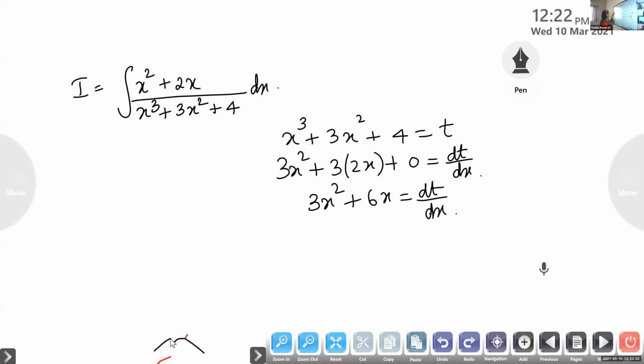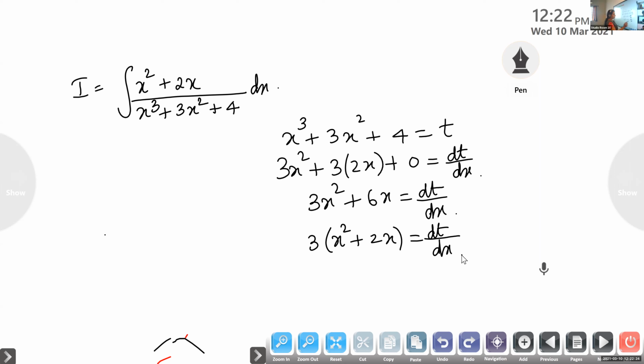Now look at the numerator. We have x square plus 2x. From these two terms, can you take 3 outside? So x square plus 2x is equal to dt by dx by 3.